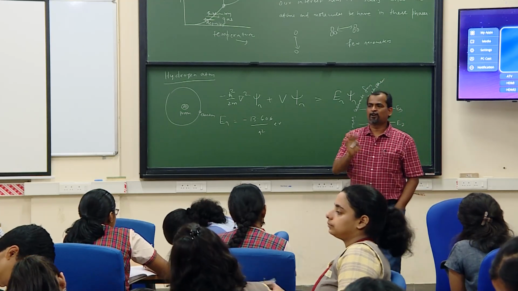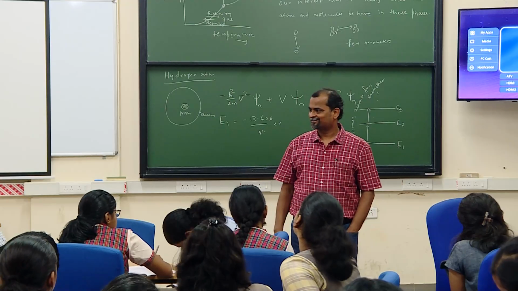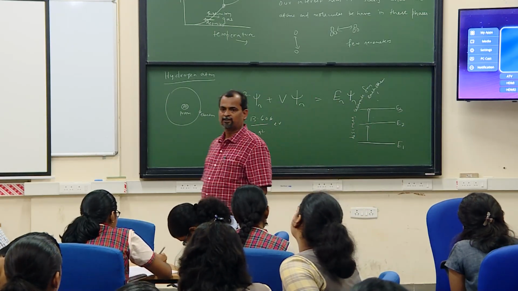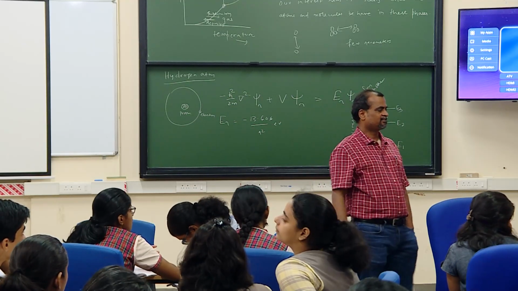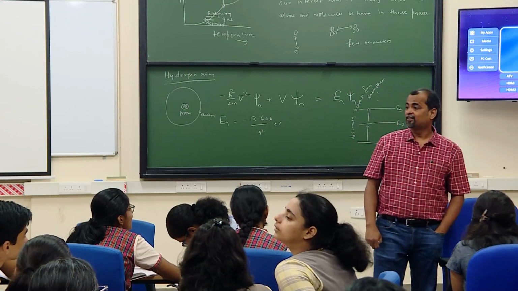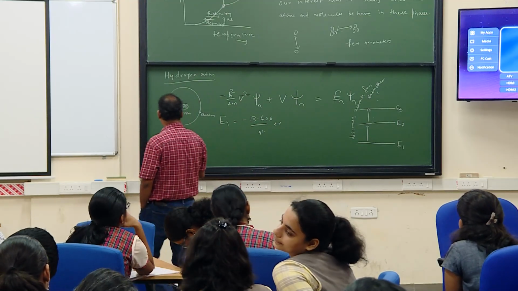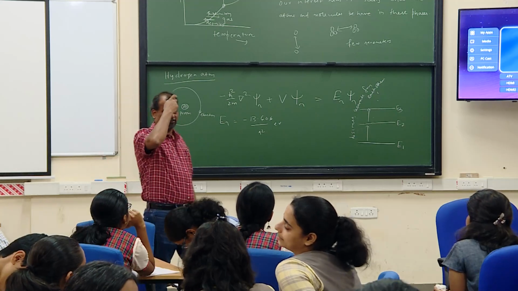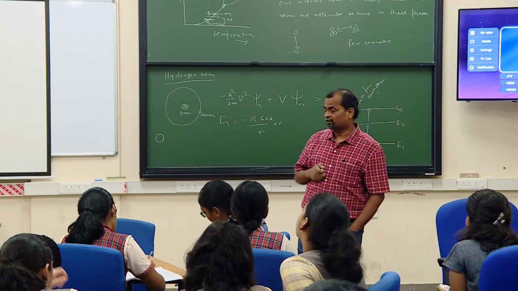Now, if you say that I am not interested in the hydrogen atom, I am interested in some other atom, pick an atom of your choice. Which atom do you like? Oxygen, okay. How many electrons does oxygen have? 8 electrons, okay.